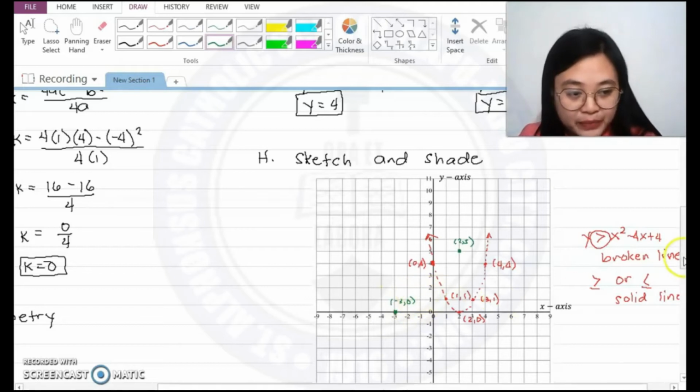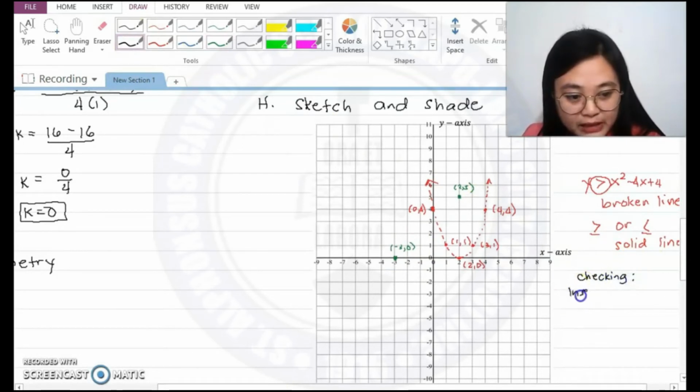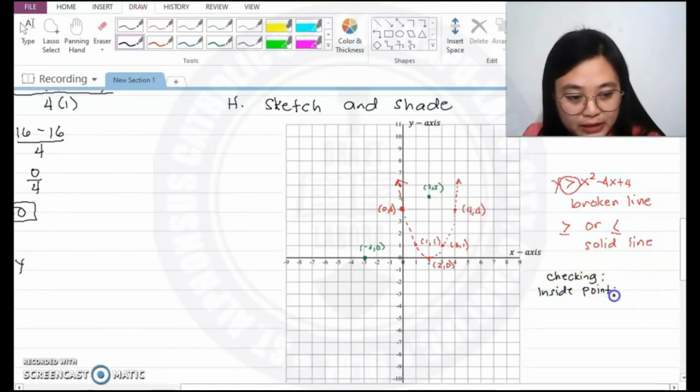Okay? So let's have the checking. We're going to use the original inequality. The inside point is (2, 5). Then it will become y greater than x squared minus 4x plus 4. We're going to test, class, if this will become true.